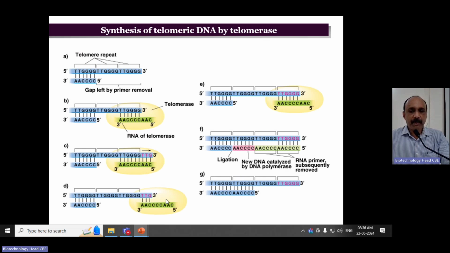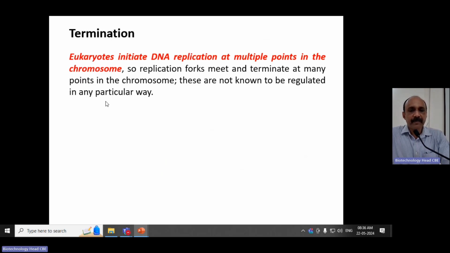From here, the polymerase adds nucleotides in this way, 5' to 3', and closes the gap. Each time it closes the gap, and this will be ligated by DNA ligases. So we can actually see the age of the chromosome from this.